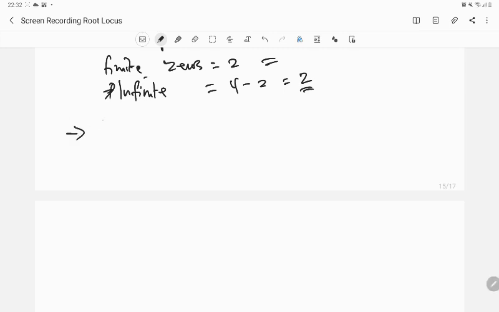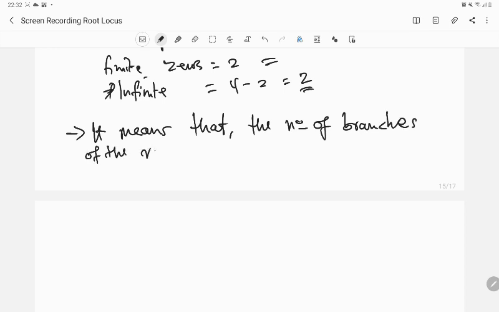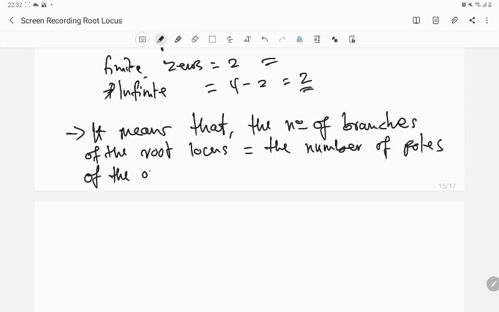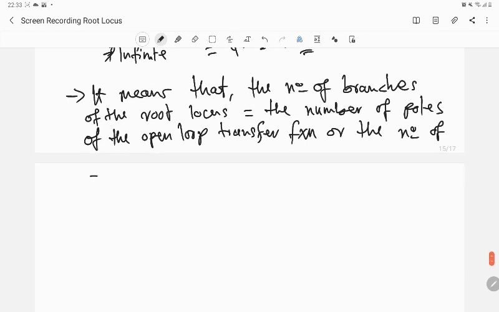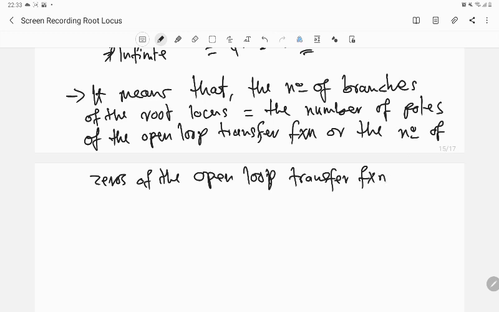So let me state that. The number of branches of the root locus equals the number of poles of the open loop transfer function, or the number of zeros of the open loop transfer function, whichever is greater.